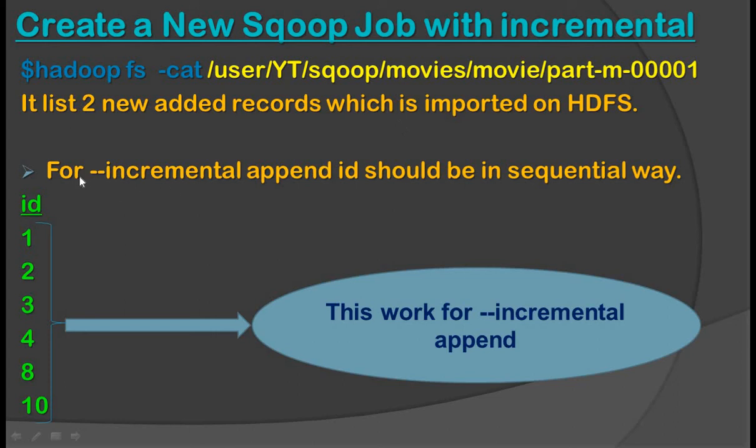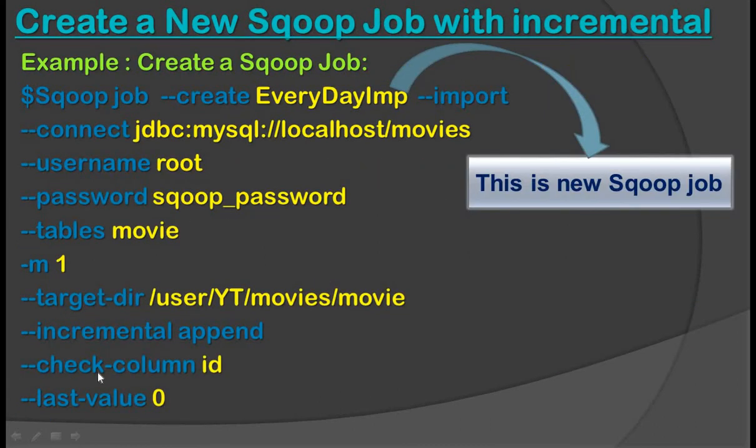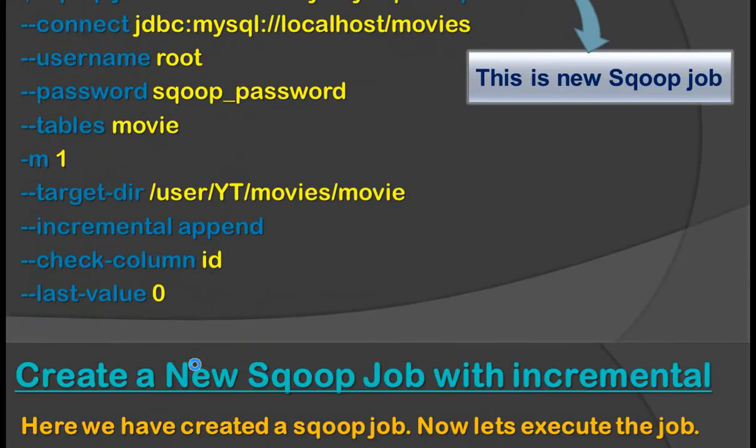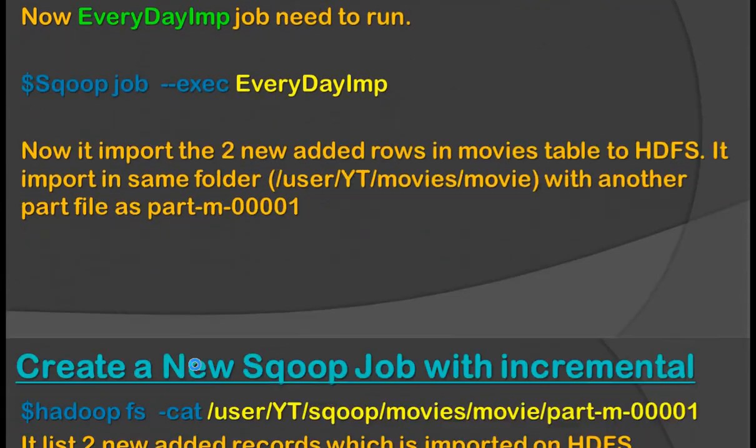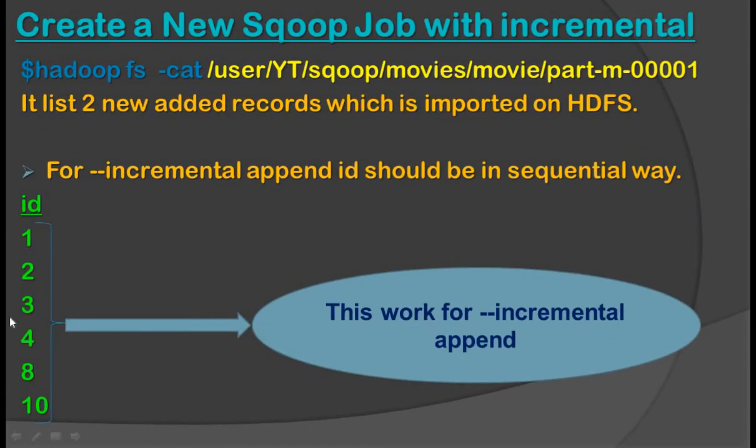But as we know, for incremental append the ID should be in sequential order, because we use check-column as ID; we apply the ID column name here. We are saying that the ID should follow a sequence, meaning it will be in increasing order: 1 2 3 4 8 10 or any increasing order.